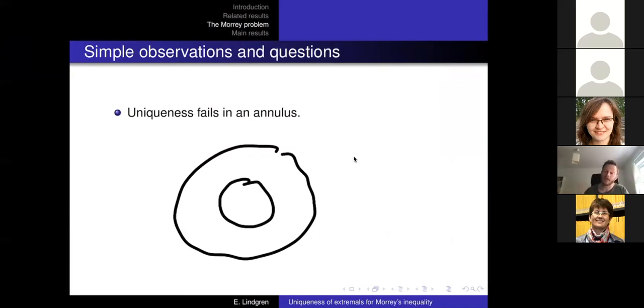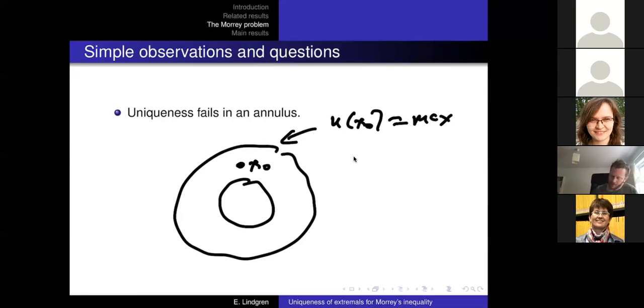Then the equation says that there's a unique point x0 where u attains its max, so u of x0 is the max. But it's p harmonic everywhere else. And of course, if this is an annulus, you can always rotate it and also get another solution. So it's clear that in an annulus the minimizer is not unique. It's unique up to rotation, but it's not unique up to multiplication with a constant. And this comes directly from the fact that this maximum point is unique from the equation.